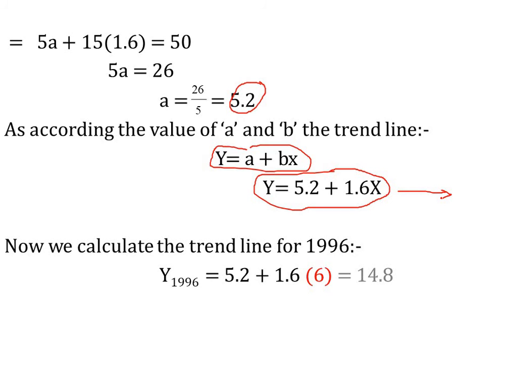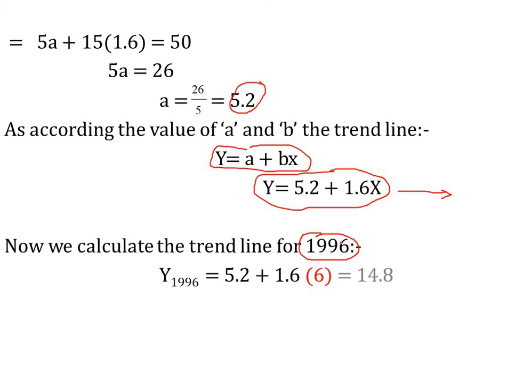Now the second part of the question asks, what will be the production in the year 1996? Since I got this equation after taking the year as a relative value in terms of x, first I have to calculate the relative value for 1996.